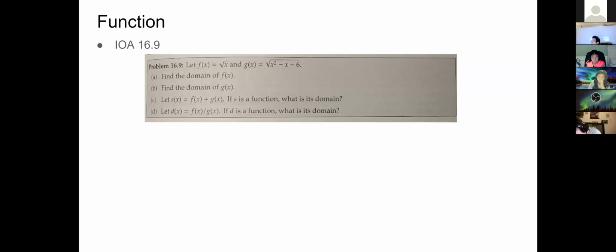Okay, can somebody tell me C, because we already know A and B. What about C? Sarah, go ahead.